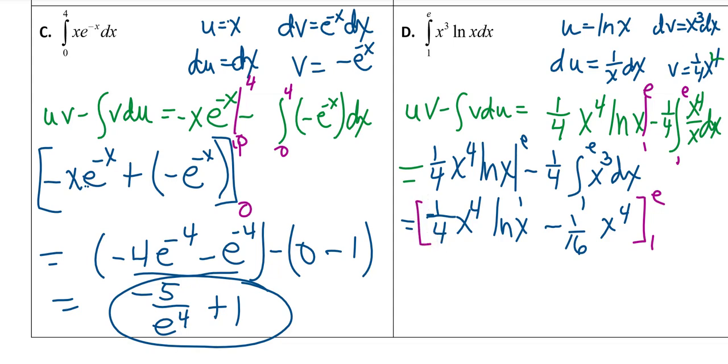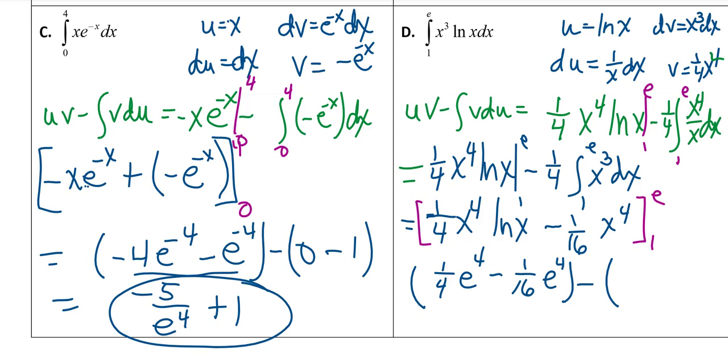Okay, so going ahead and doing that, putting e in, we get 1/4 of e to the fourth minus 1/16 e to the fourth. I'm having trouble with my fours today. There we go. And then from that, we're going to subtract what we get when we put 1 in.